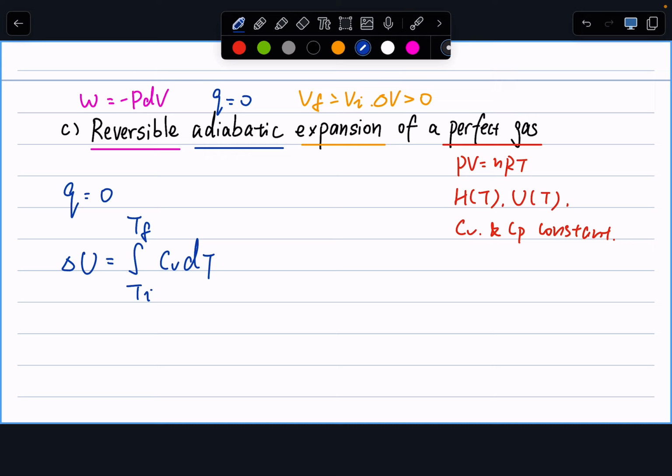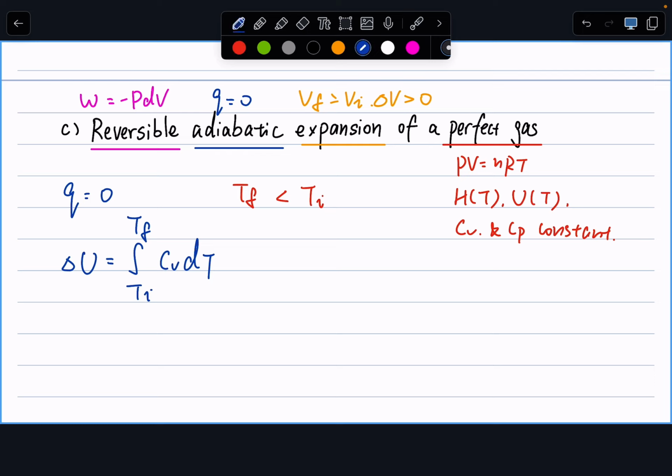Thinking about the temperature change, for reversible adiabatic expansion, we derived our expression, which is here, T2 over T1 equals V1 over V2. So with gas expansion, my temperature is dropping, so my T final is smaller than T initial.